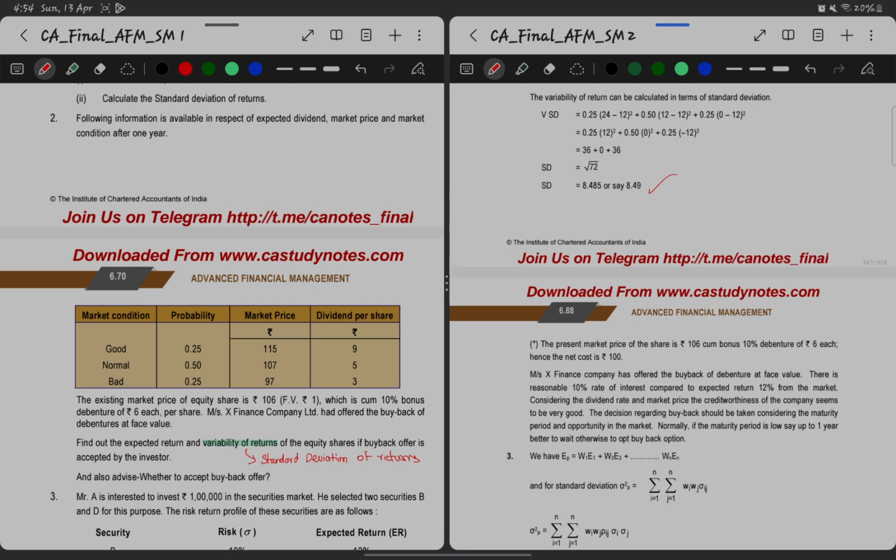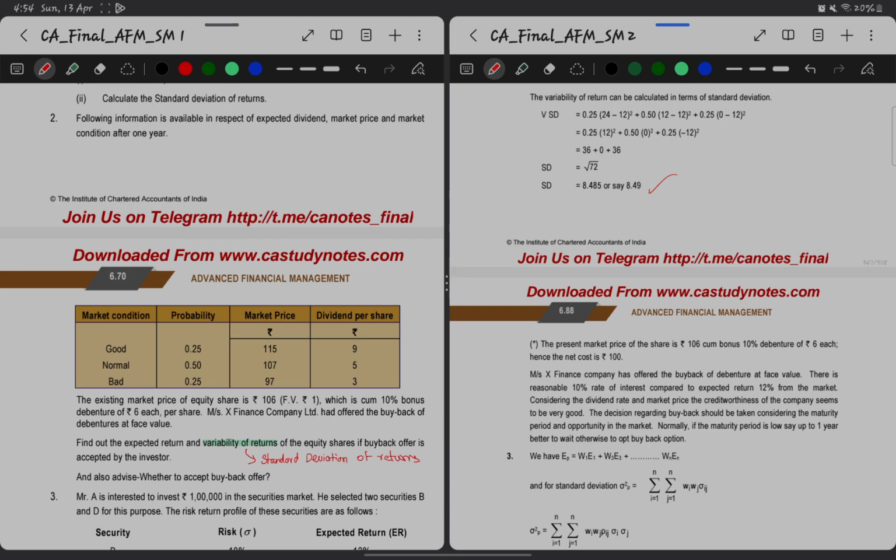If it is long term, then the company can go ahead and accept the buyback, as the company is already giving a good return, and if the company has surplus funds, then they can redeem the debentures and invest in better opportunities.